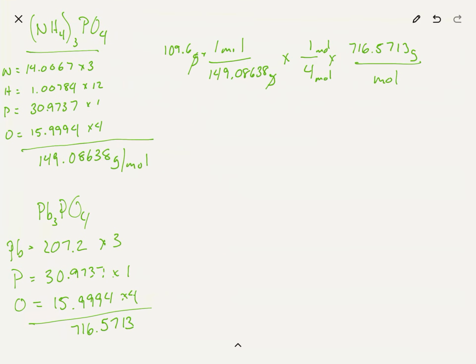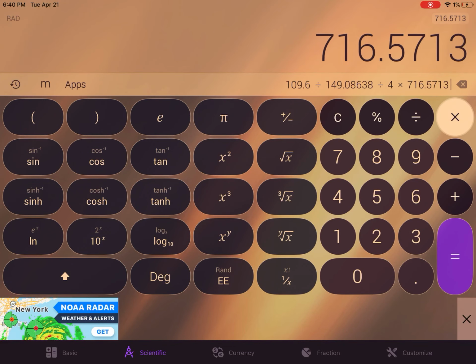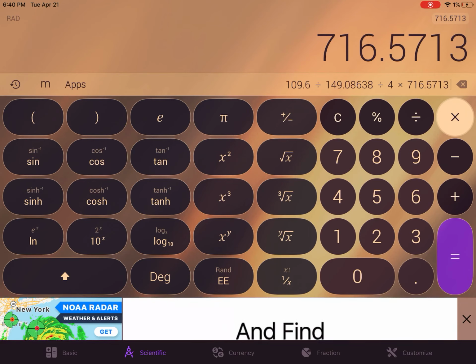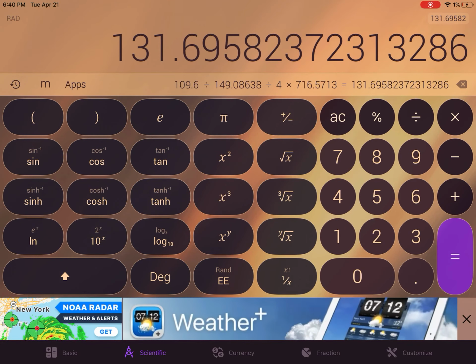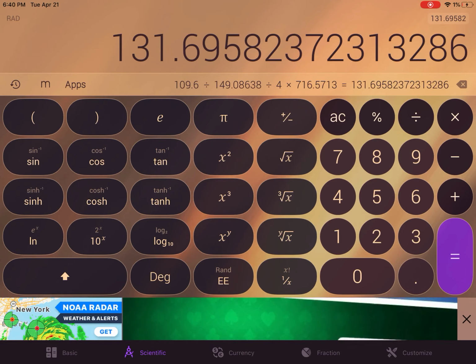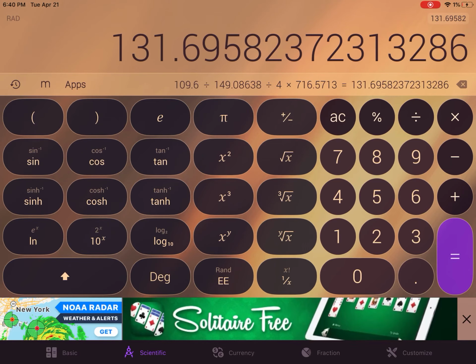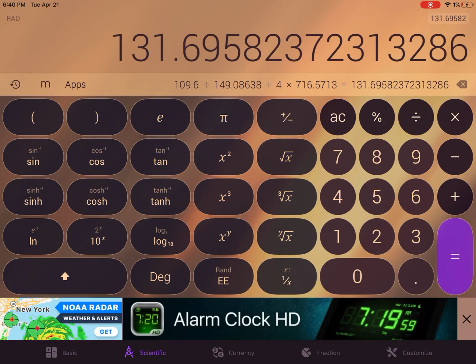And then we are going to multiply by 716.5713, which was our previous answer. So we'll just select that there. And we will see that the mass of the lead phosphate that is produced is 131.695823723132886.